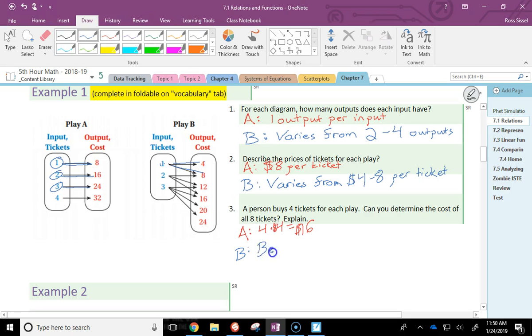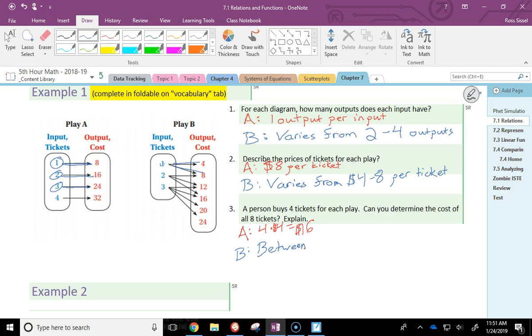I'm going to say between. How much is the cheapest I have? If I bought 4 tickets to the second play, what's the cheapest it would have cost me? Per ticket? How'd you get 16, Parker?